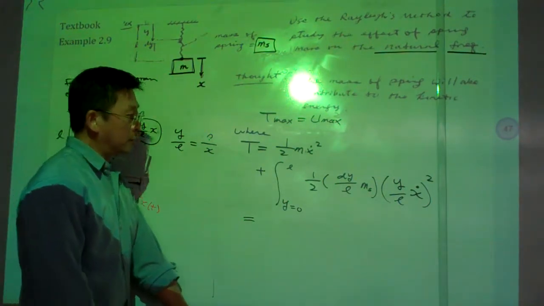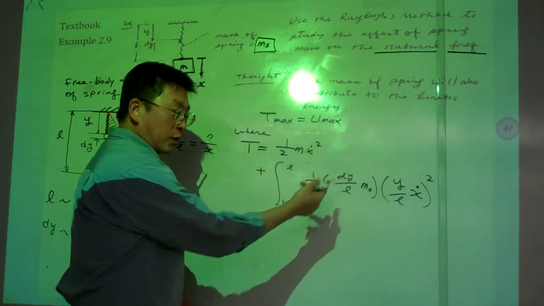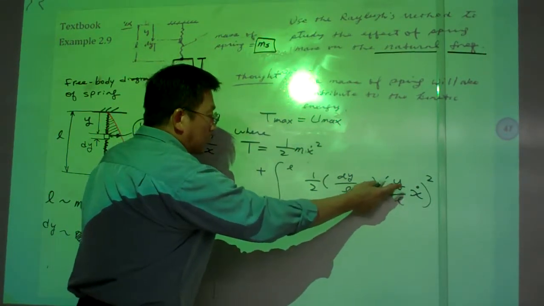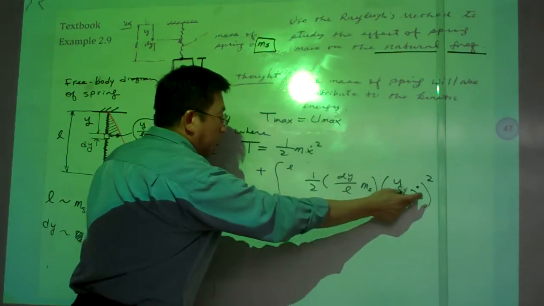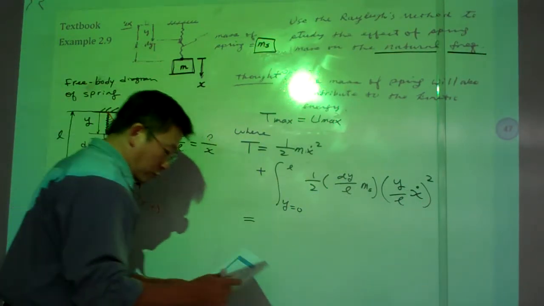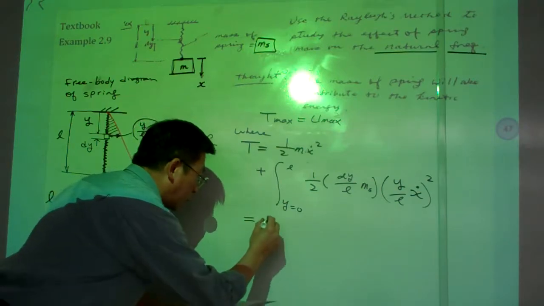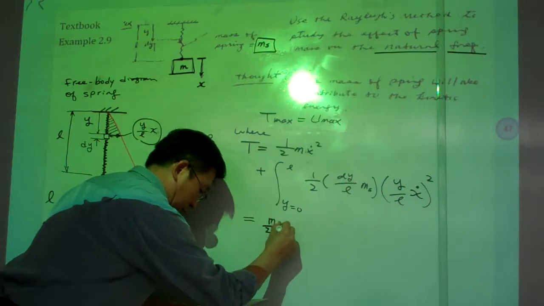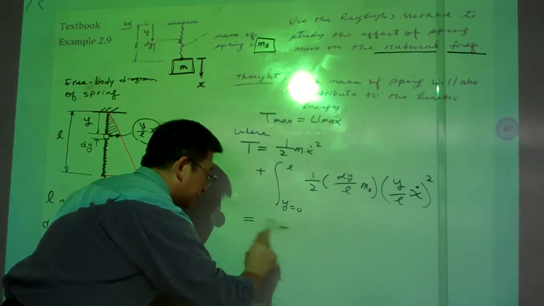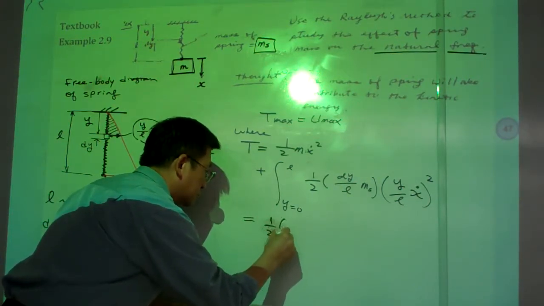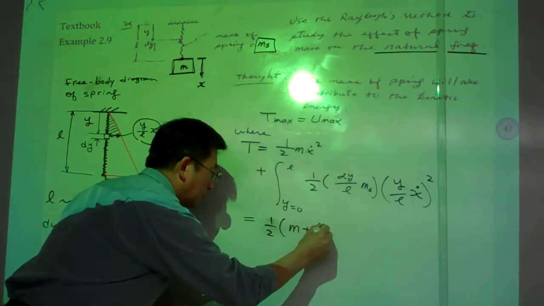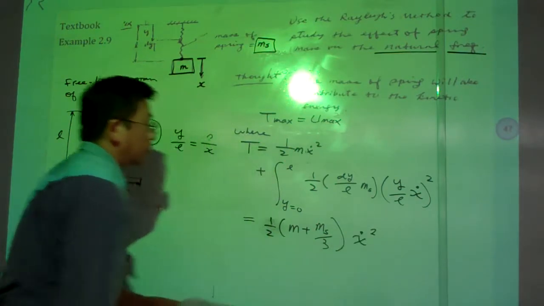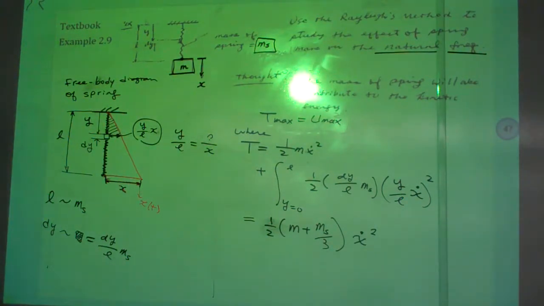So we do the integral. Your integral has dy, so we can integrate. L and ms are constants, only y is changing, and x dot we can take out. So basically this will be equal to 1/2 m plus ms over 3 times x dot squared.